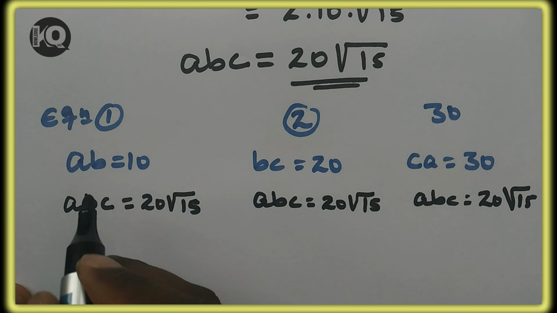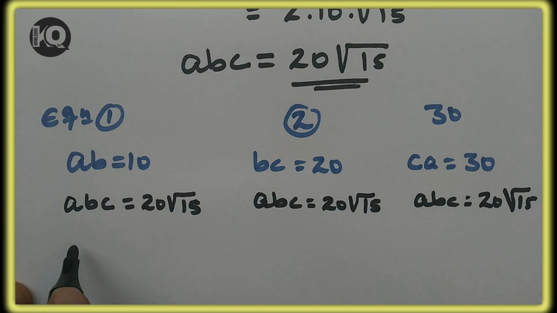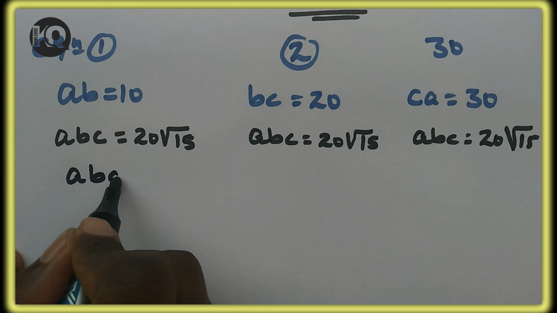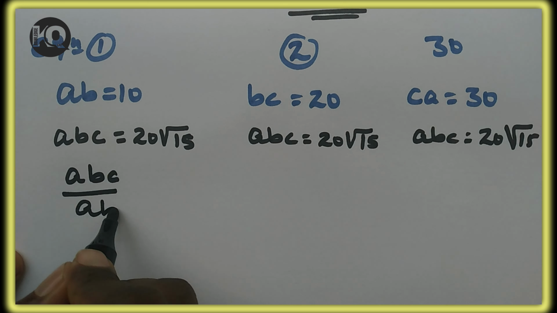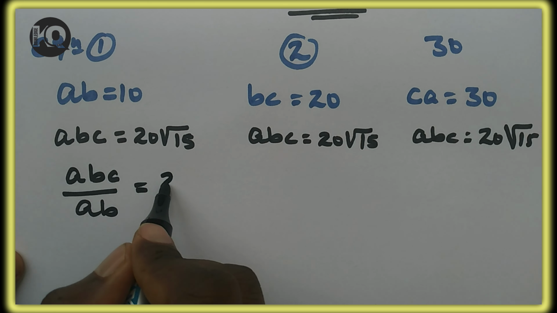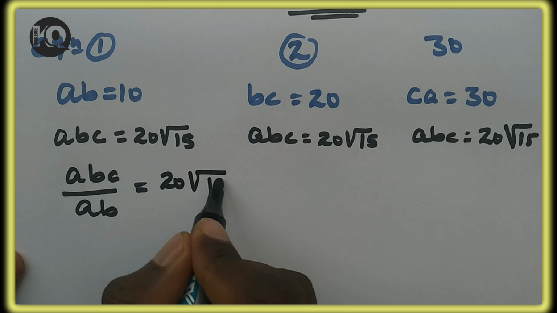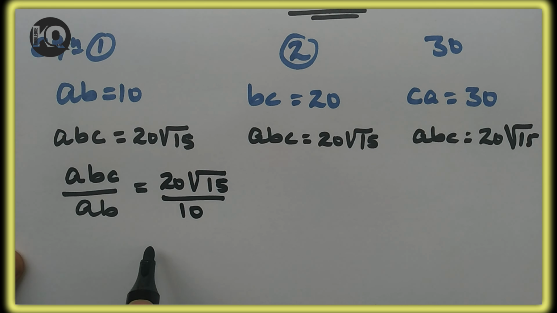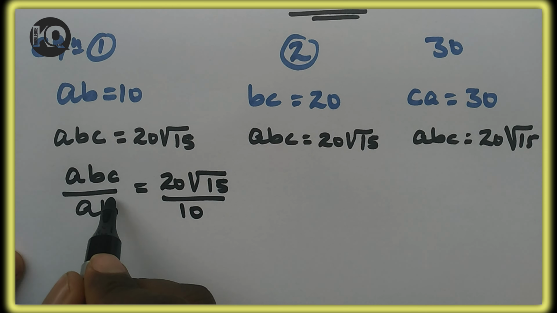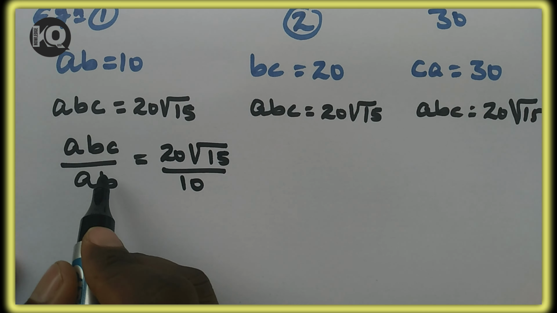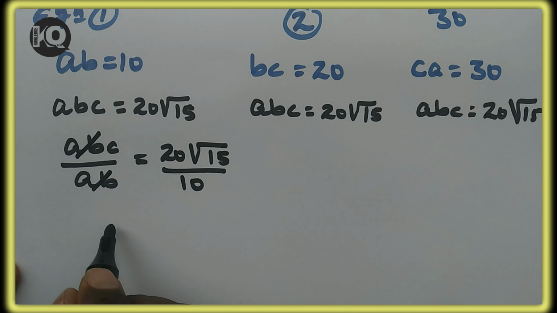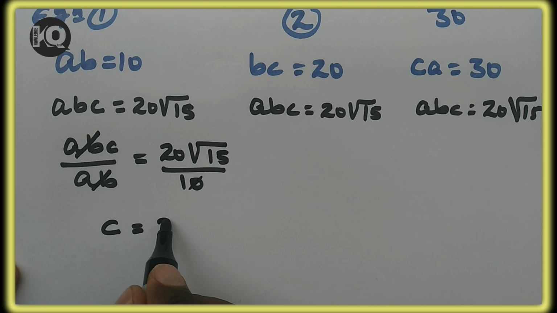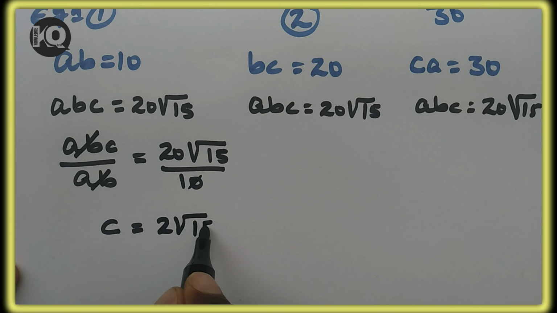Now let's divide ABC by AB here. ABC by AB, which is 20 times the square root of 15 divided by 10. So AB is cancelled out and the remaining will be C, which is equal to 2 square root of 15.